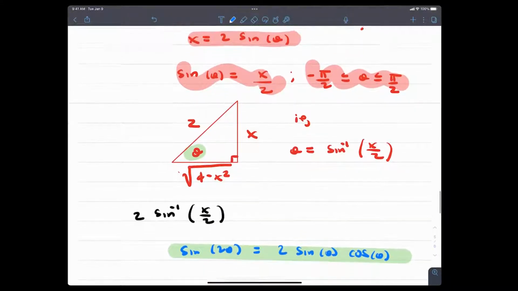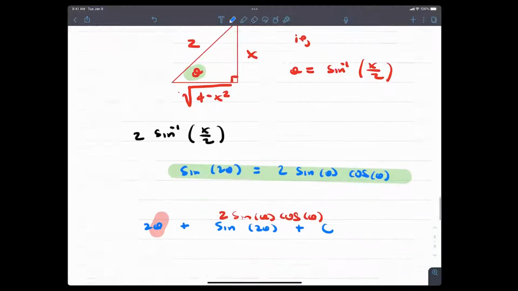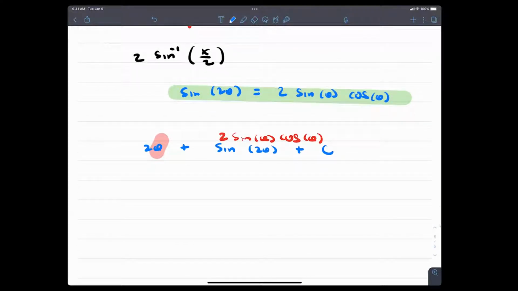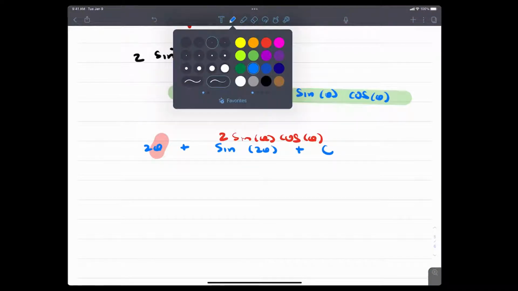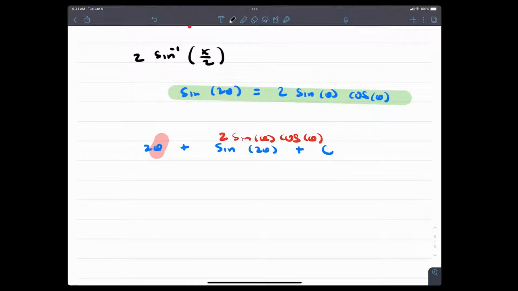It was x over 2. Is that right? So what you'll have here is this. Sine theta was x over 2. So we're going to have plus 2 sine theta. This is x over 2 right in here. This 2 is here. I just wrote down sine theta, x over 2.